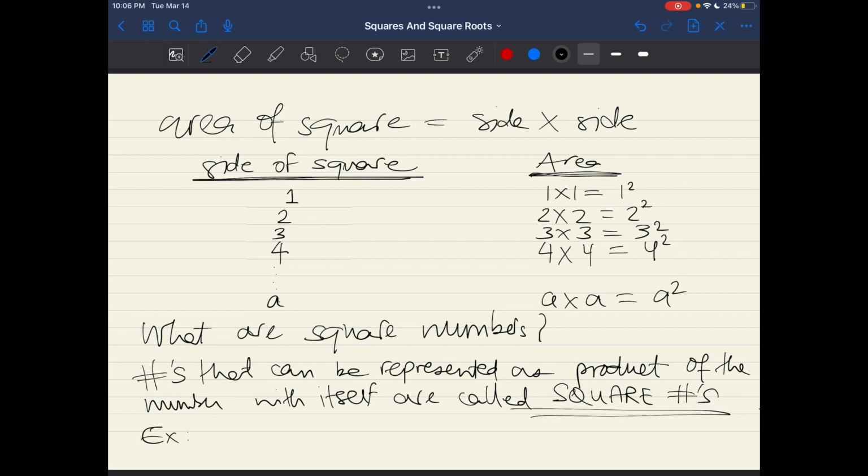Examples: 2 times 2 is 4, 3 times 3 is 9, 4 times 4 is 16, 5 times 5 is 25. These are all square numbers, and we can keep going.